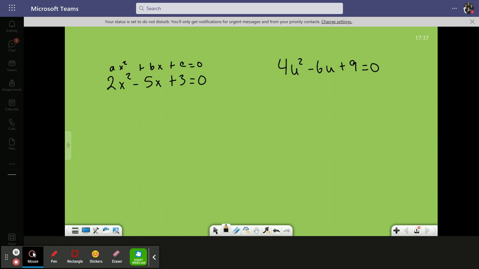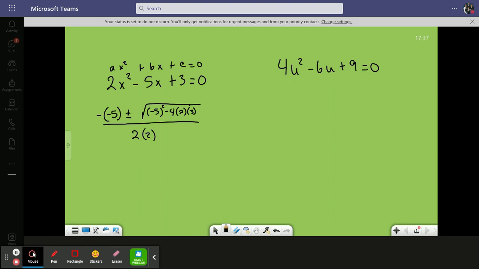So I've got negative 5 plus or minus the square root of negative 5 squared minus 4 times 2 times 3, over 2 times 2. That's just the setup, right? Now it's just doing the math.